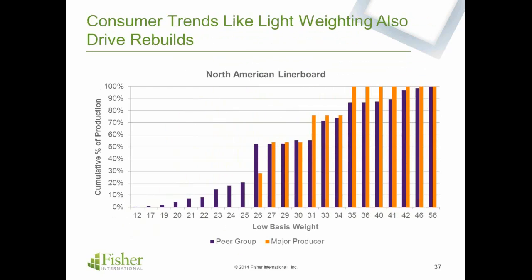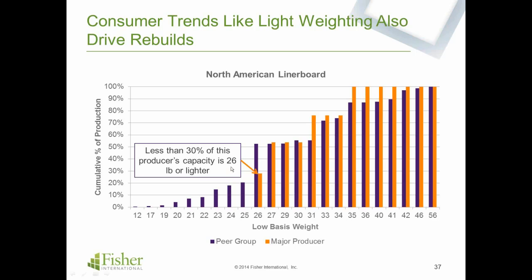Okay, so we talked about some other reasons why machines might be rebuilt, and one of those we talked about were some consumer trends. And let's look at that trend towards light weighting. So here we're looking at the North American linerboard market. Again, this is a cumulative production chart. Shows one company that I picked out against their peer set. And it shows the cumulative production of their tons by the average low basis weight. So this particular company, we see, has 30% of its production capacity that is at 26 pound or lighter.